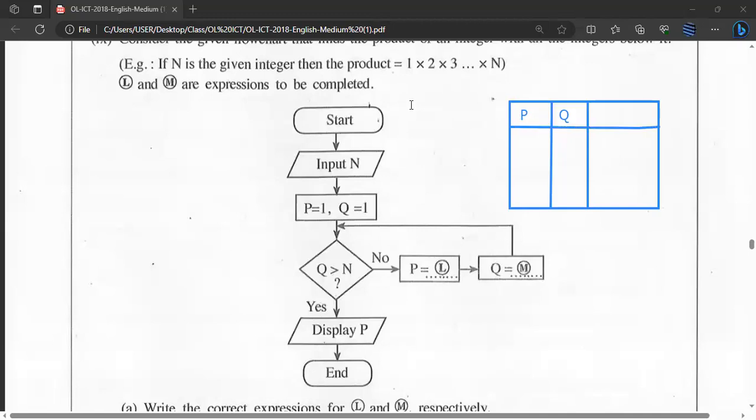P they have assigned 1 initially, right? It's 1 and Q is 1. P is 1 and Q is 1.